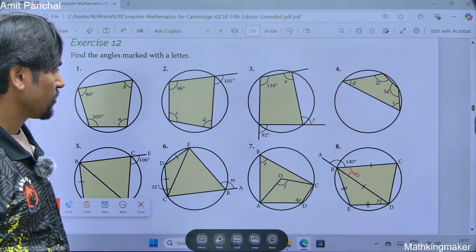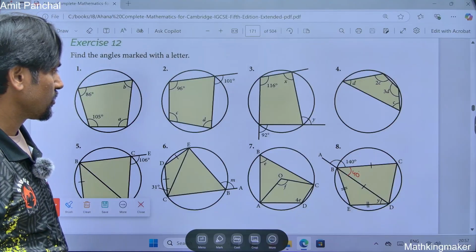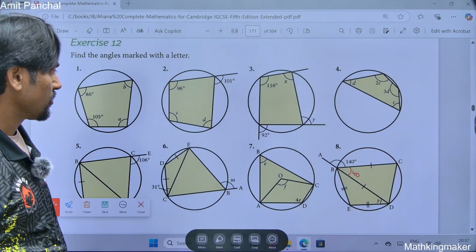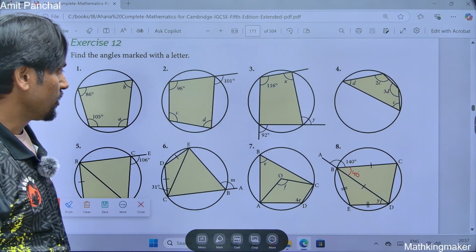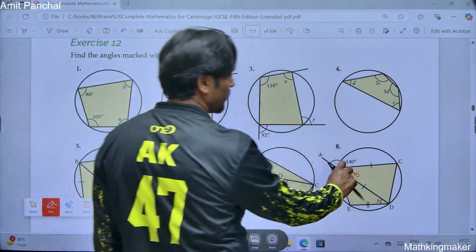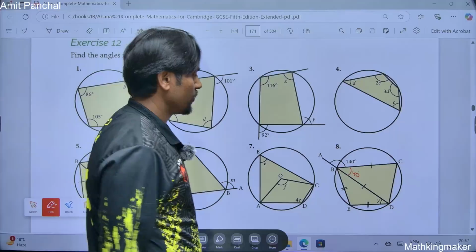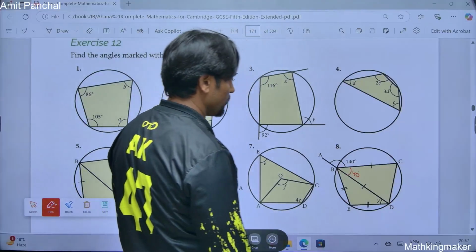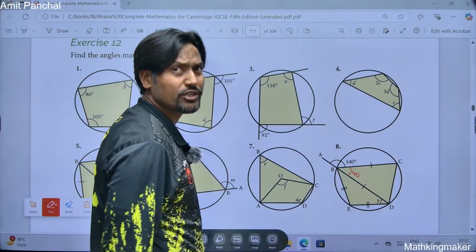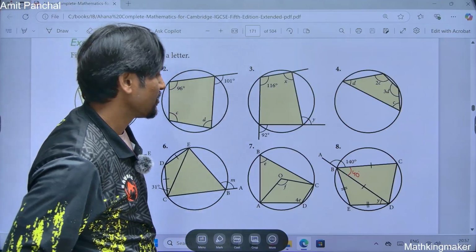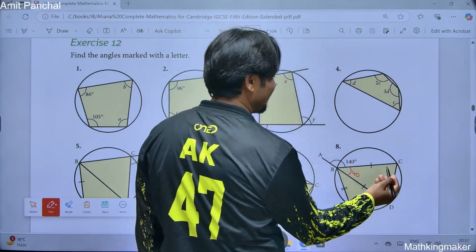It is the C, because it is an isosceles triangle. So C is 100, plus is 80.